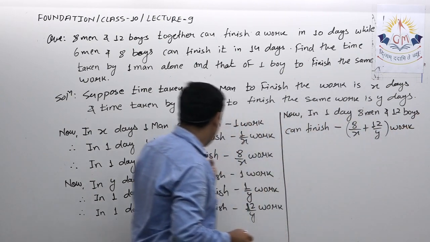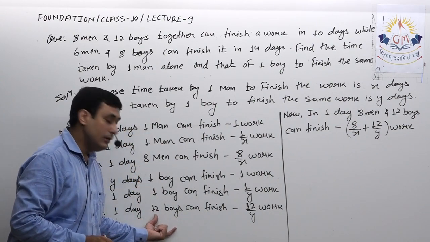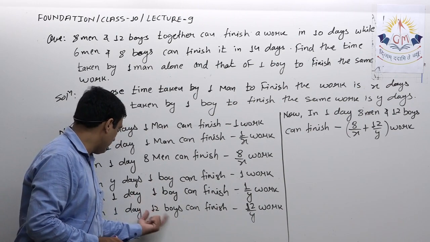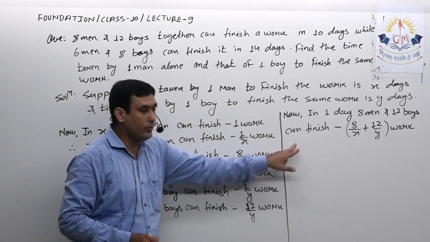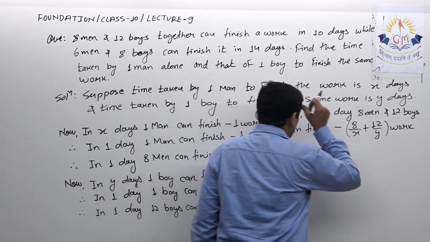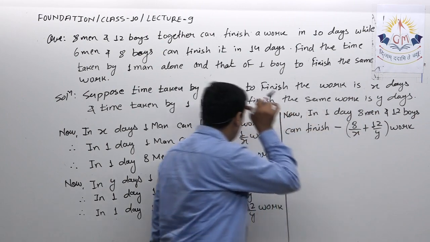In one day if we add the work done by 8 men and the work done by 12 boys, then it will be 8 upon x plus 12 upon y. Now in one day 8 men and 12 boys can finish this much work.